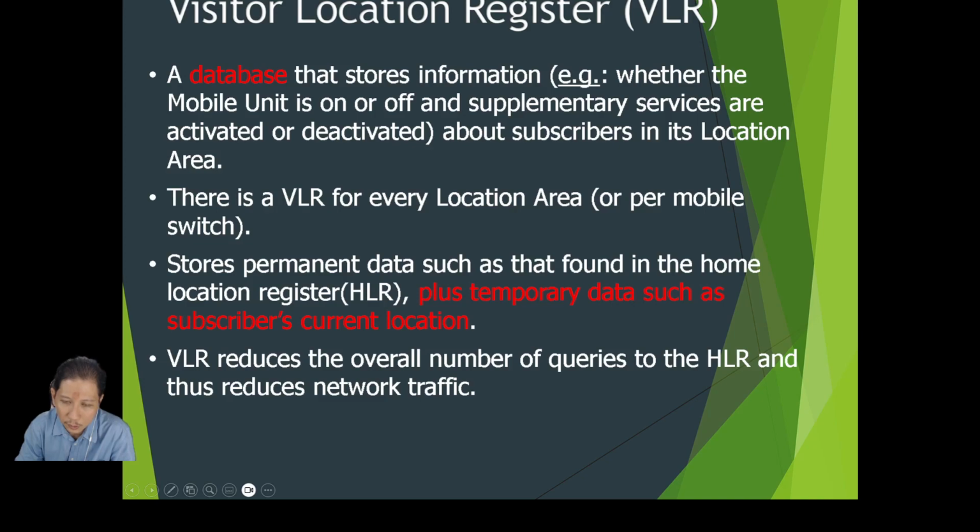If you are roaming in Thailand, you need to acknowledge your providers, for example Maxis, DiGi, Celcom and so on. VLR also reduces the overall number of queries to the HLR and reduces network traffic.